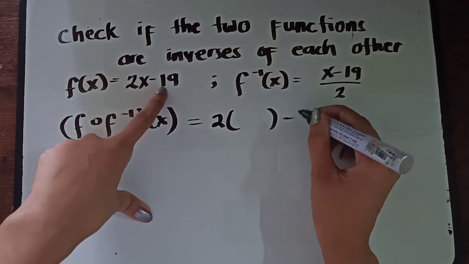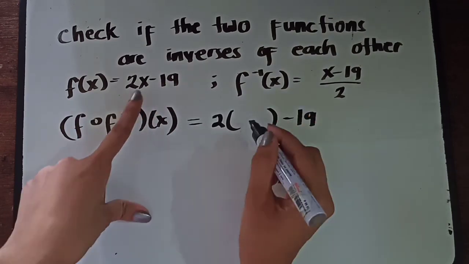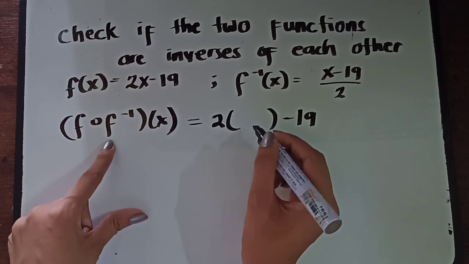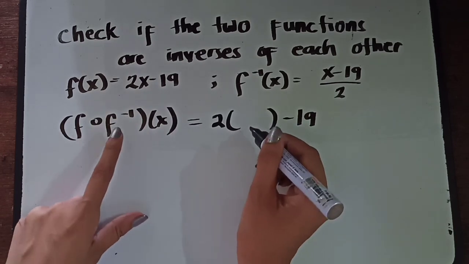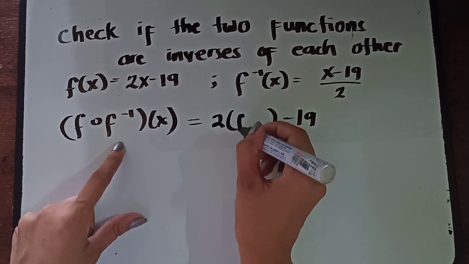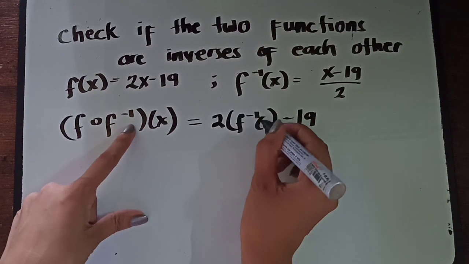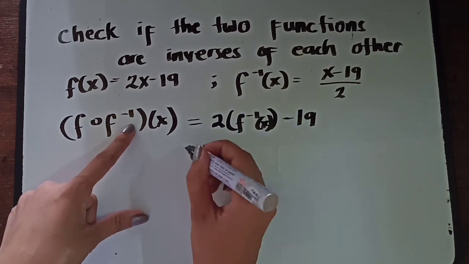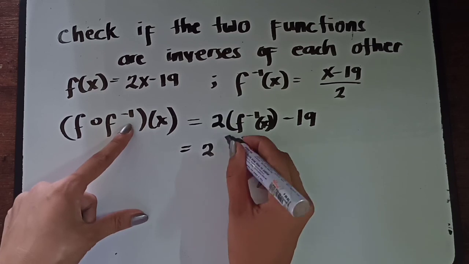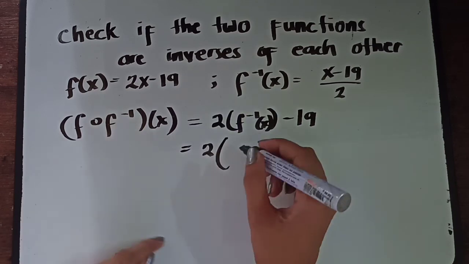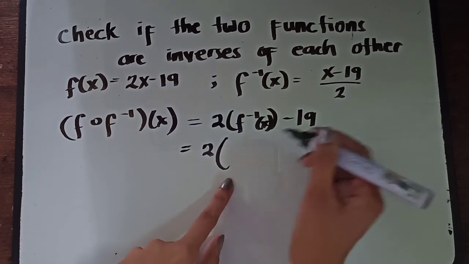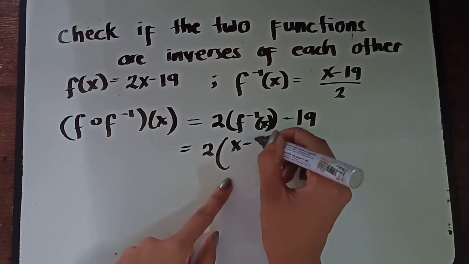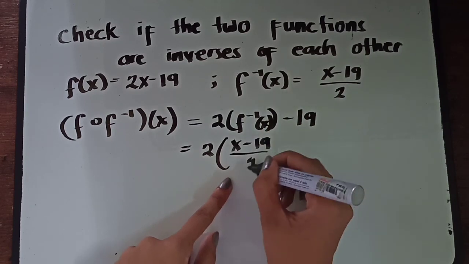2x minus 19. Again, sa halip na x, ang isa-substitute ko bilang x is f raised to negative 1 of x. Okay, so next. Substitute the value of f inverse of x. And the value of this is x minus 19 over 2.